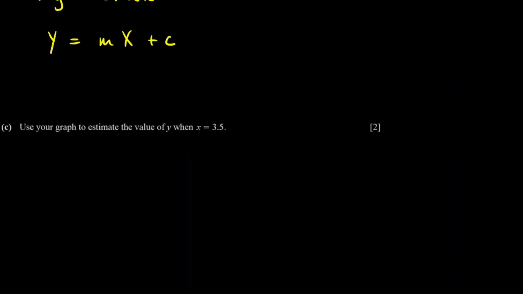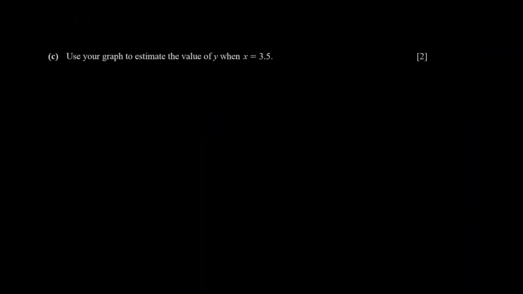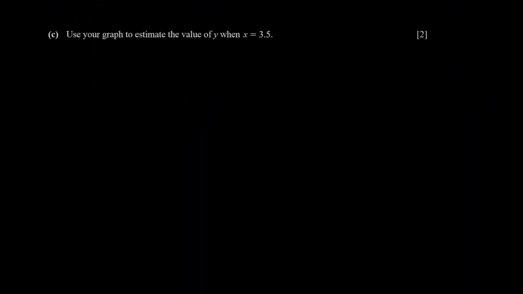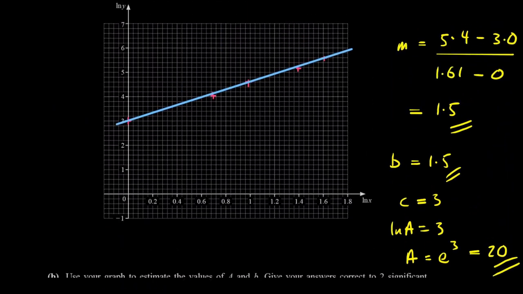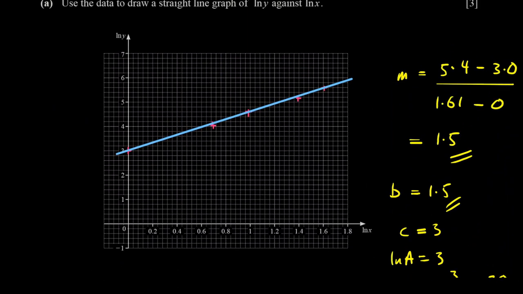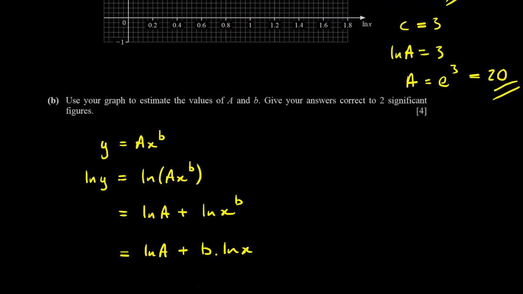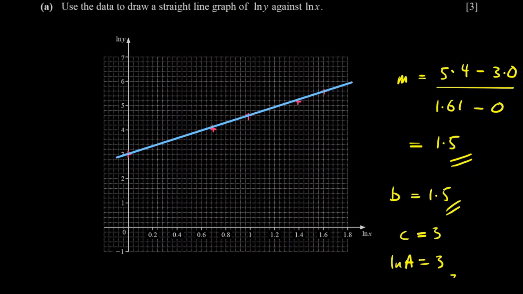Okay then, last part of this question, part C, we want to use our graph. Key thing here is we're using the graph to estimate the value of y when x is equal to 3.5. So what we need to do is calculate what ln x is. So we want to calculate ln 3.5. So ln 3.5 is equal to 1.25.